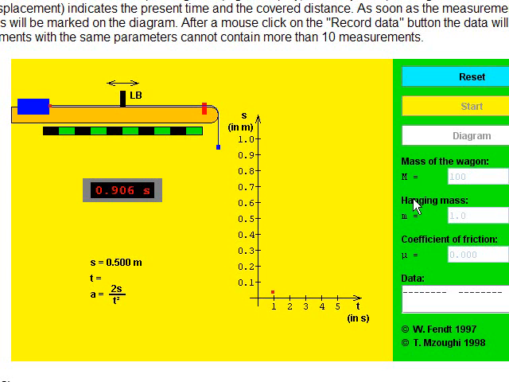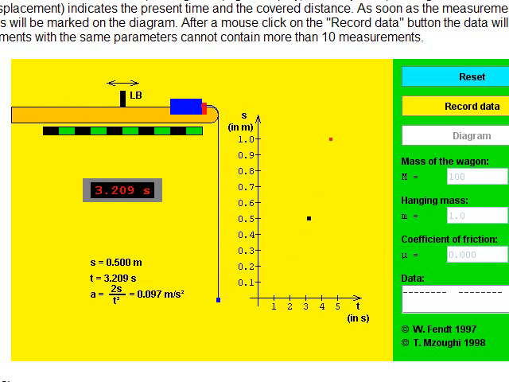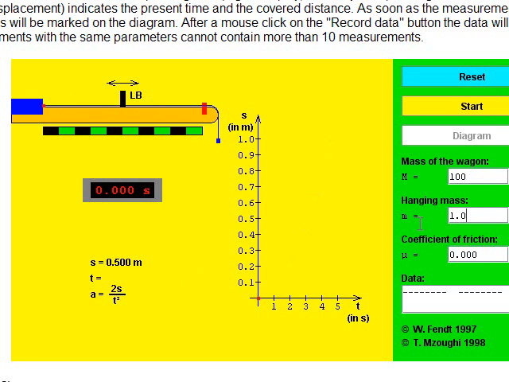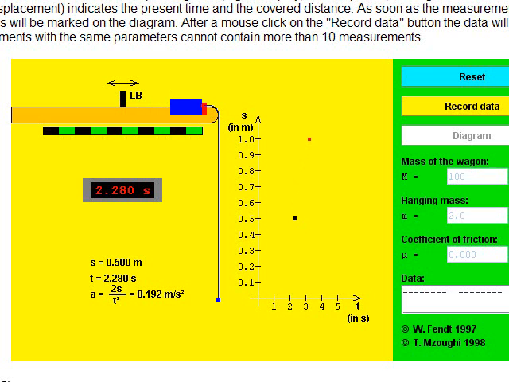So here it starts, and I get 3.209 seconds for 1.0 grams. Then I'm going to change this to 2.0, and for 2.0 grams I get 2.280 seconds.